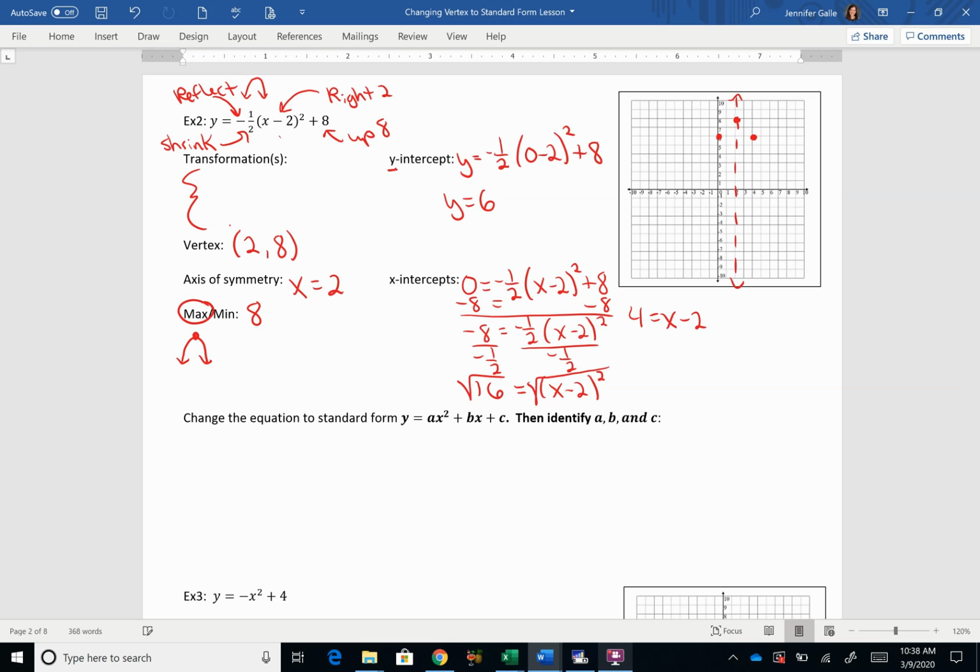But then we have to remember it could also be -4. Add your 2. So we've got -2, and we've got 6.